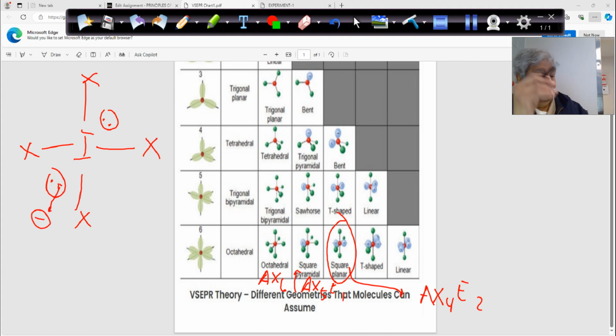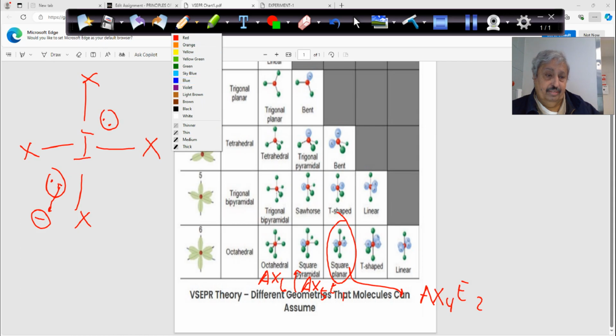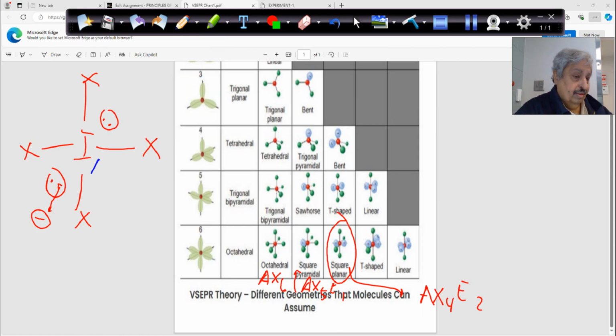Then you just make a note: central atoms are always A, whatever is terminal is X, and the lone pair is E.